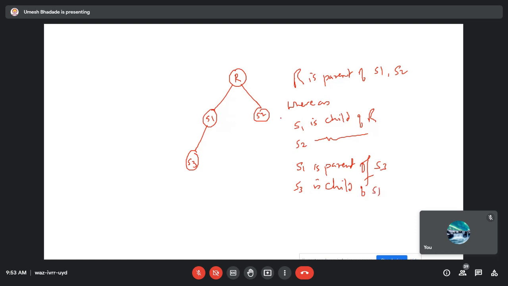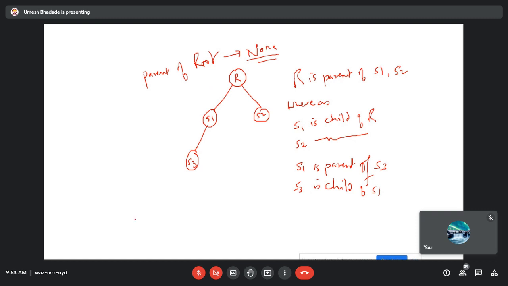Now who is parent of R? Can anyone tell me? Parent of R कौन है? R means root. Parent of root, कोई है क्या? None. There is no parent of root because it is the first node of the tree. So that's why it won't have any parent.